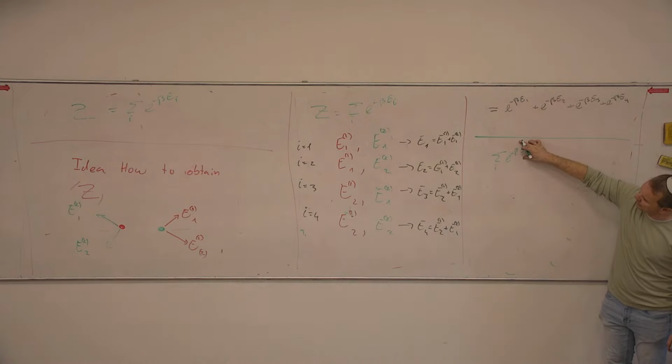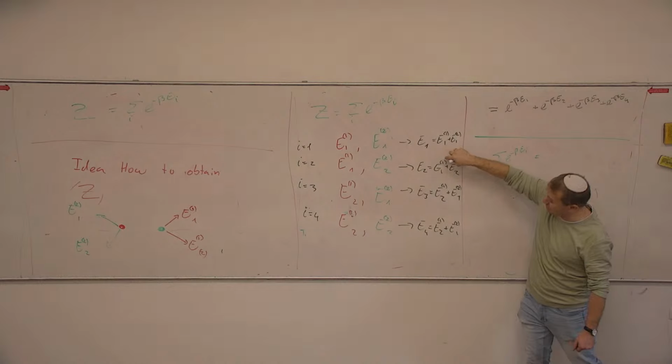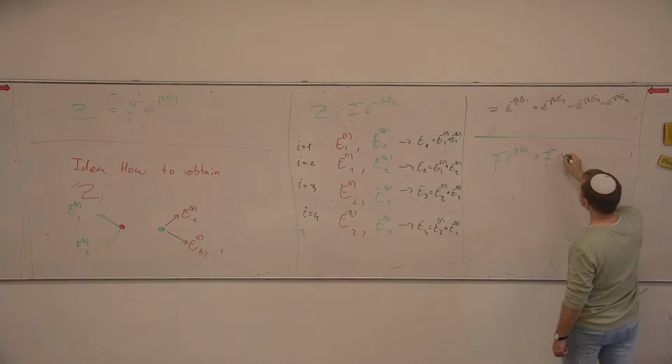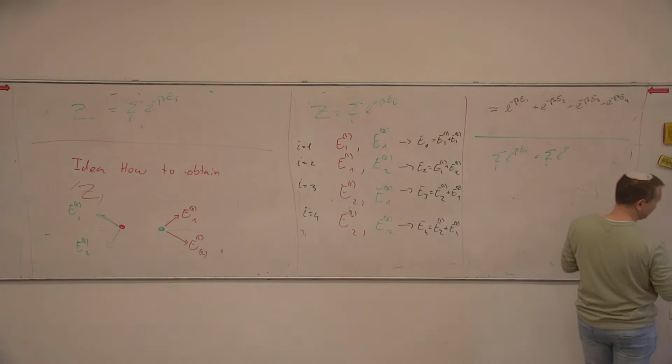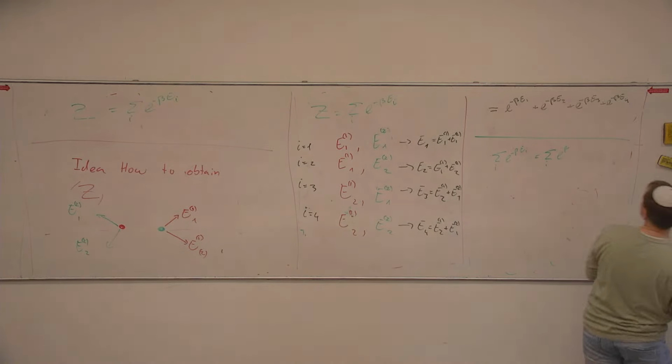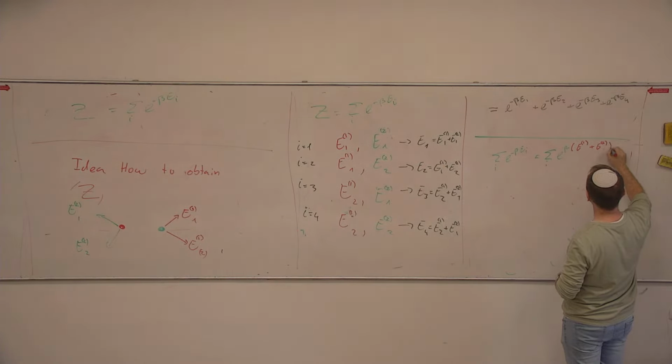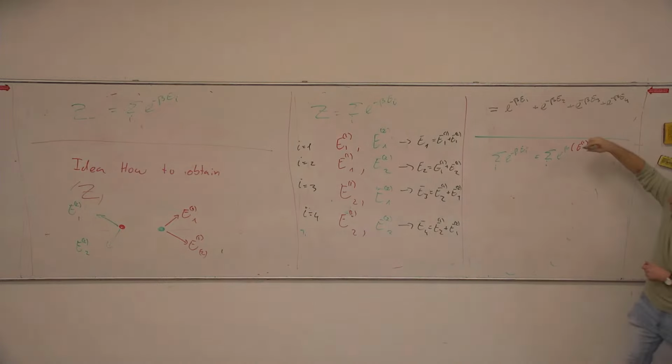Ei is a sum of energies of two different particles. So I sum over i, e to the power minus beta, and here I have E1 plus E2, and I have a minus sign over here.